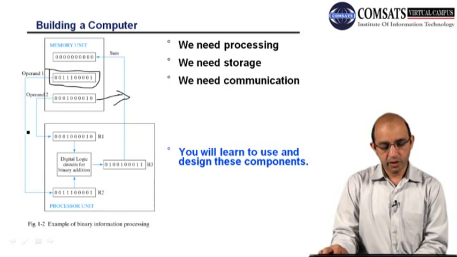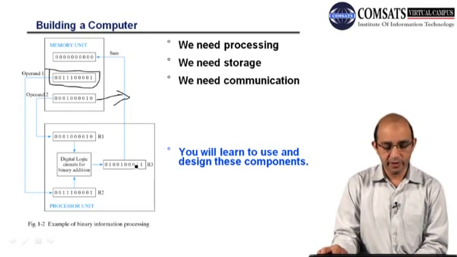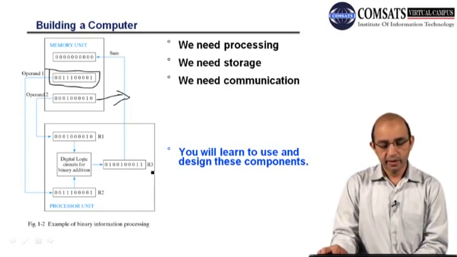So this is operand 1, this will be loaded into register R2, and this is operand 2, this will be loaded into register R1 in the processing unit, because this is the brain of your computer, and this is the main adder circuit. So this adder will add these two numbers, and we have the resultant over here, and then this resultant is stored in the memory unit over here.